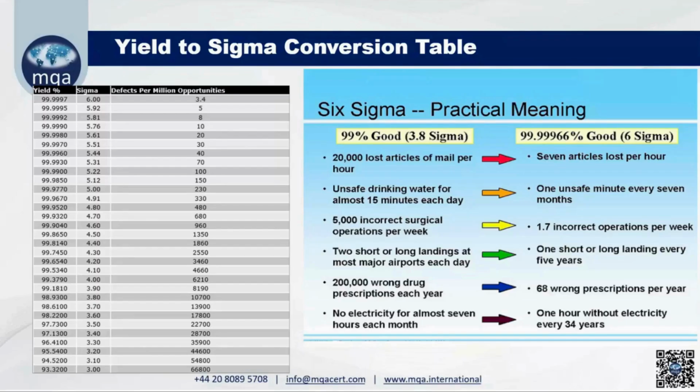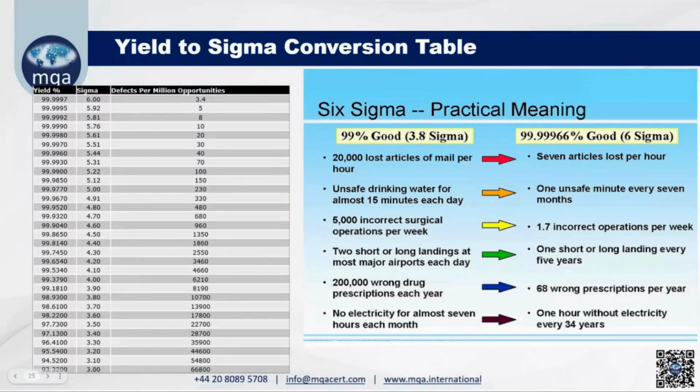Now what is the yield of Six Sigma? Yield means how much defects will be produced, in terms of percentage. Yield is defects upon the total number of production. Suppose we call our company 3 Sigma.